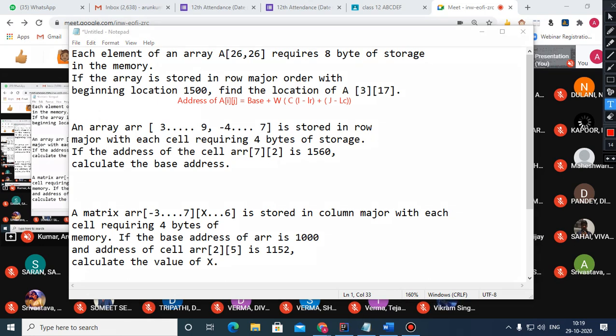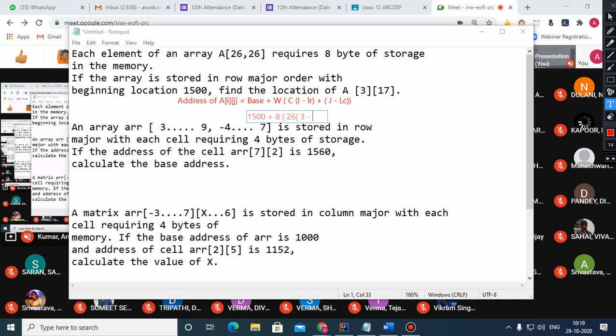So children, here the base address is already given, which is 1500, and the word length of 8 bytes is given. Now the total number of columns is already given, it is 26. And what is I? I is the row subscript of the required element, which is 3.